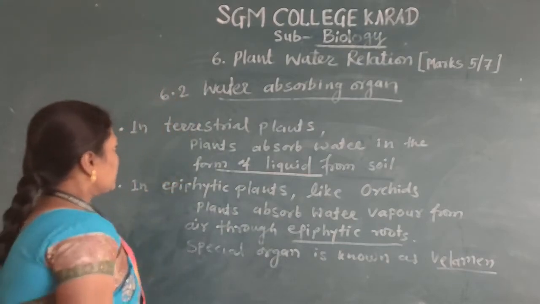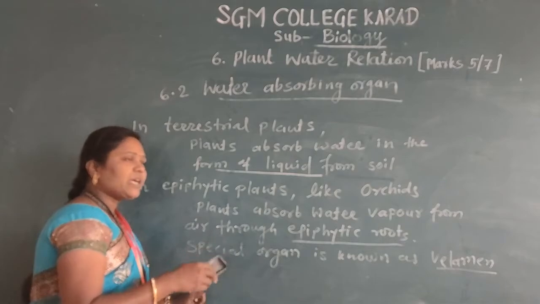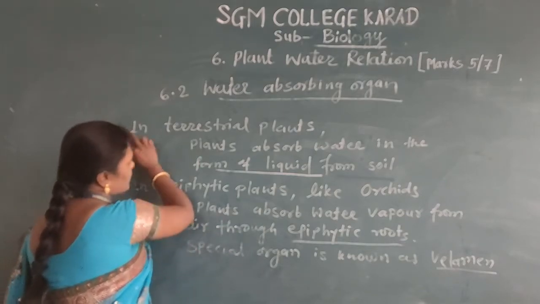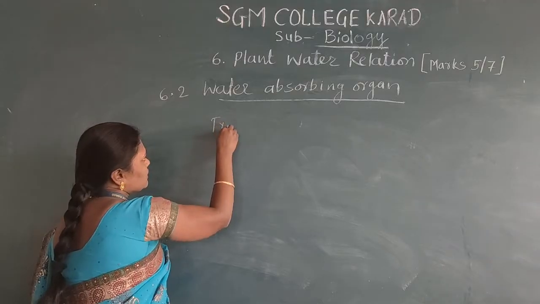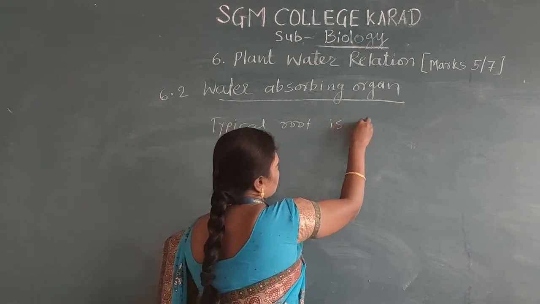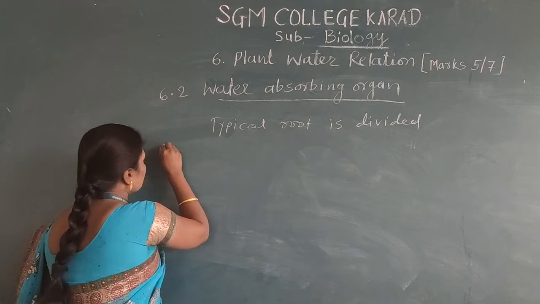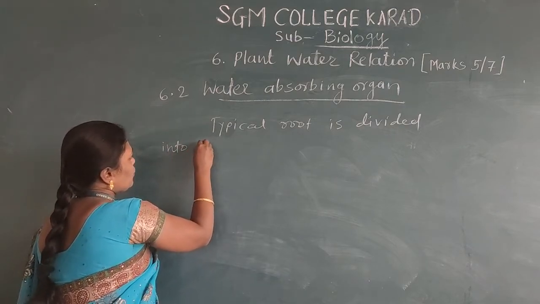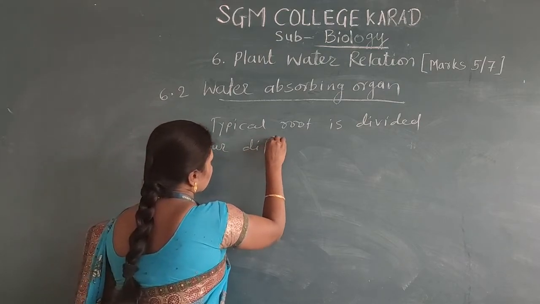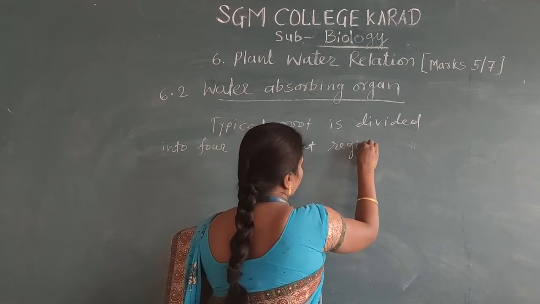Next point, a typical root is divided into four different regions.